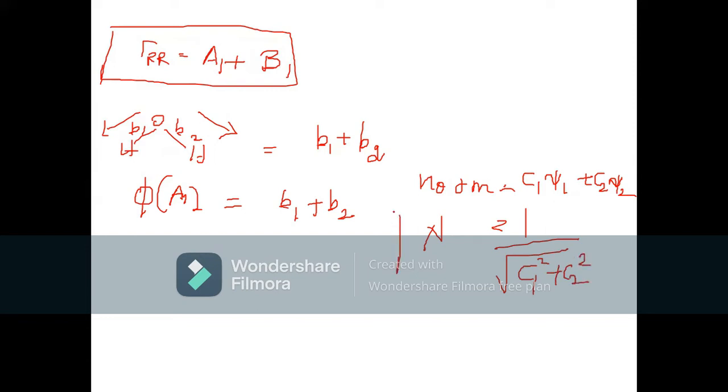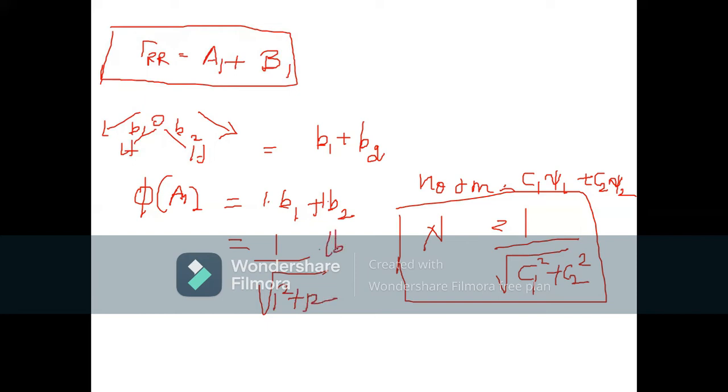So this is the normalization formula. Here the coefficients are both 1, so the normalization will be 1 by square root of 1 squared plus 1 squared into B1 plus B2. So it's going to be 1 by root 2 into B1 plus B2. This is the normalized SALC of the water molecule.